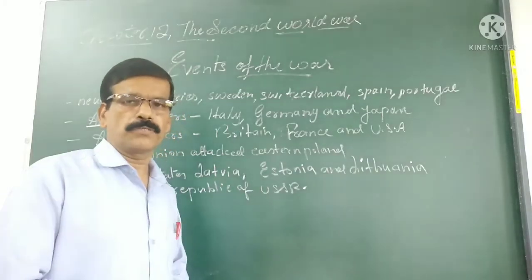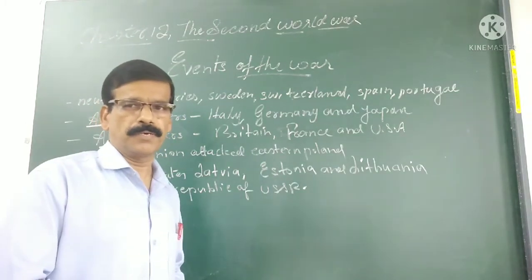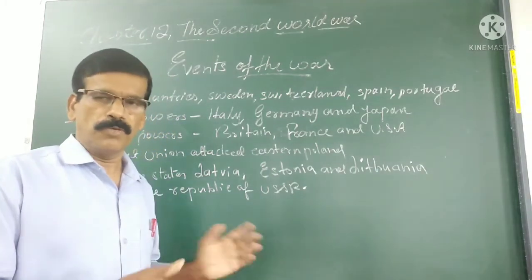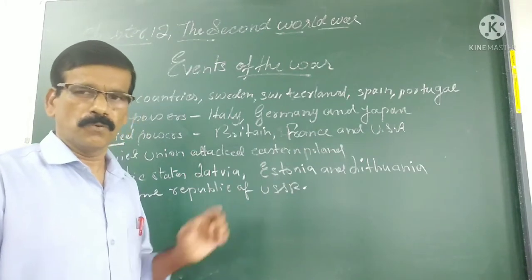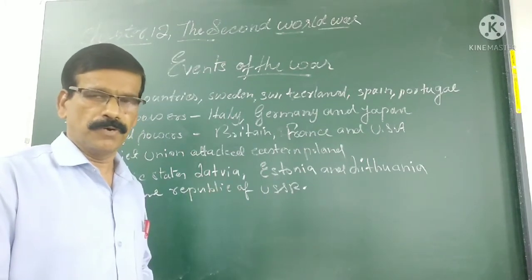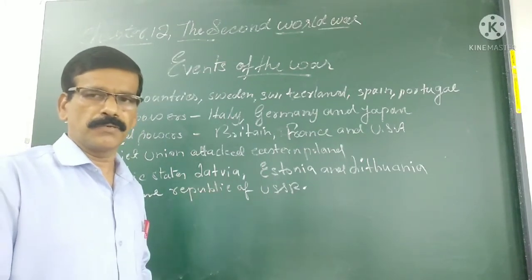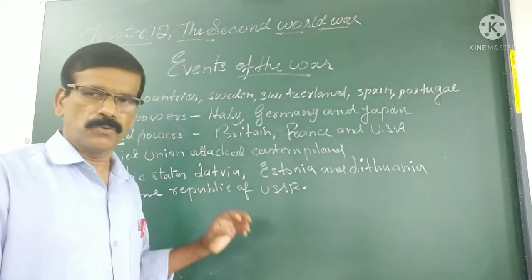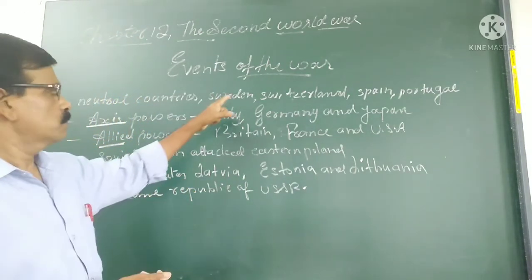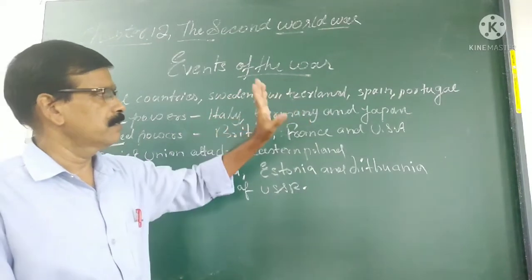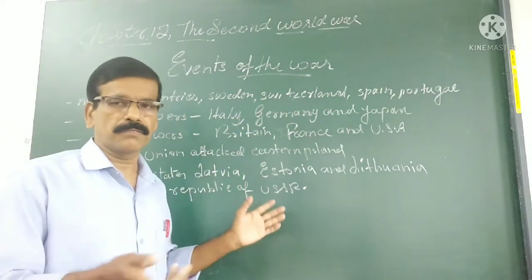Now I am moving to the events of the Second World War. One by one, almost all the countries of Europe got involved in the war, but there were also certain neutral countries: Sweden, Switzerland, Spain, Portugal, and Turkey.